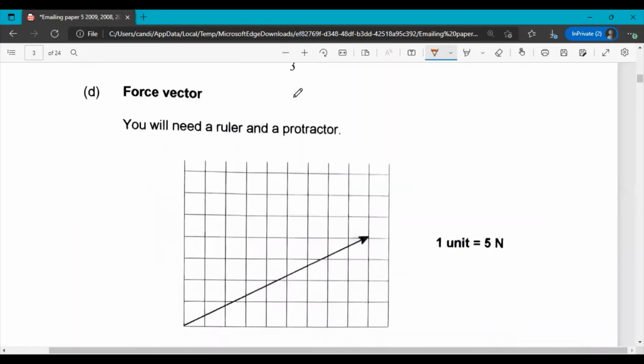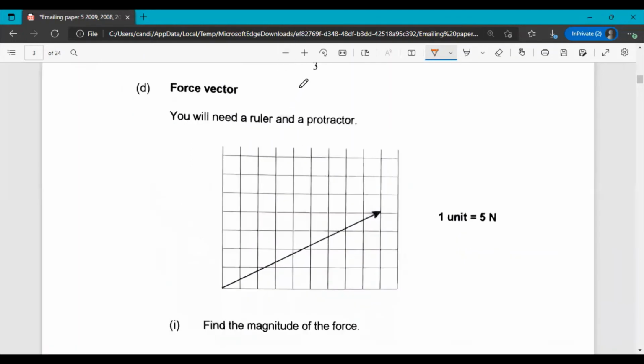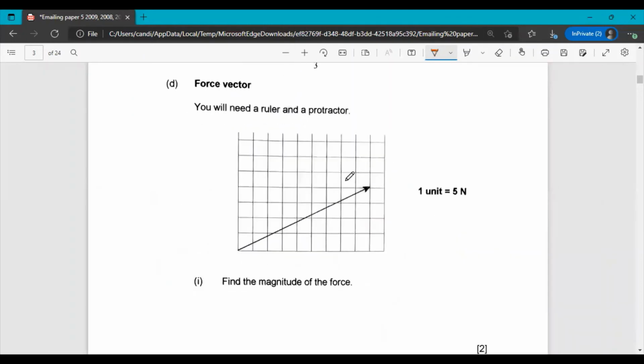For this one, I will tell you what you're supposed to get, but you're going to need a ruler and a protractor, and you're going to actually have to do this one on the paper to verify. First we need to find the magnitude of the force, and all we're really asking for is the length of this vector.